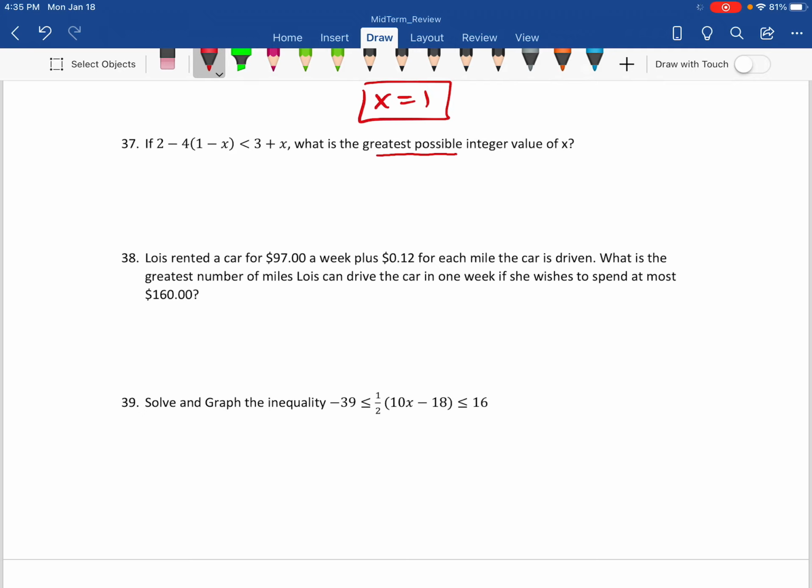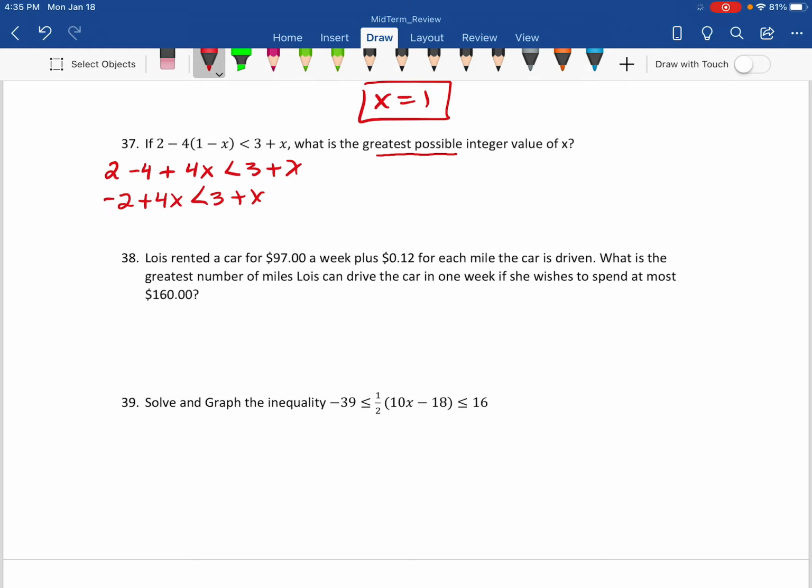So let's distribute. So this is going to give me 2 minus 4 plus 4x less than 3 plus x. We're going to distribute and combine like terms. That's negative 2 plus 4x less than 3 plus x. I'm going to subtract x.